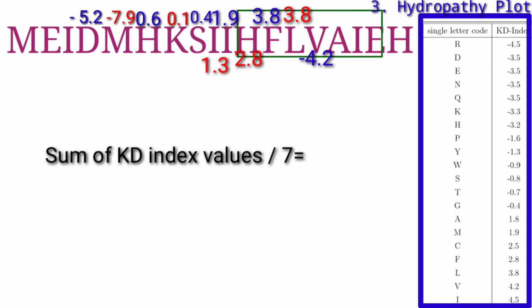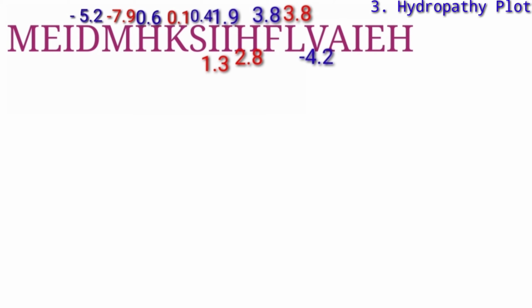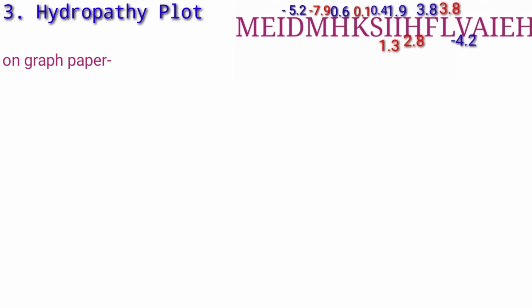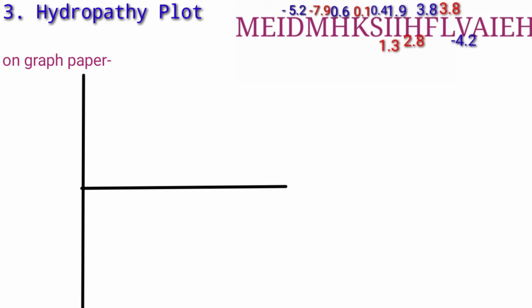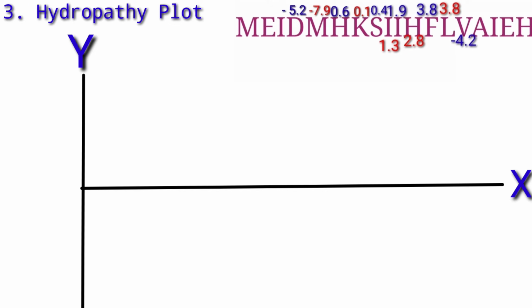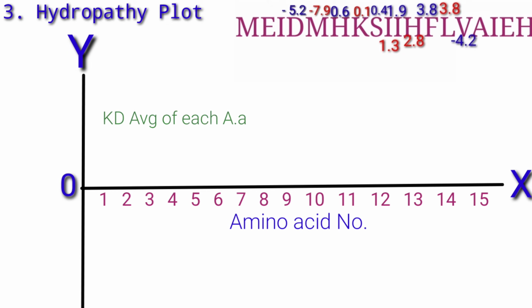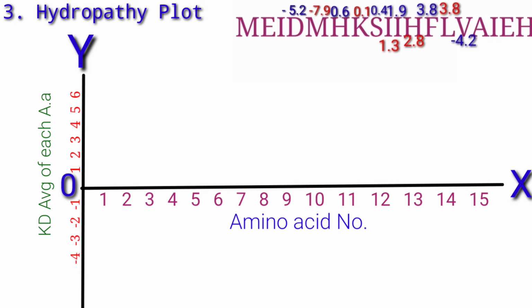After getting these values, we will plot a hydropathy plot in the following manner on graph paper. On the x-axis we will have the sequence of amino acids in the protein, and on the y-axis we will have hydropathy index values.